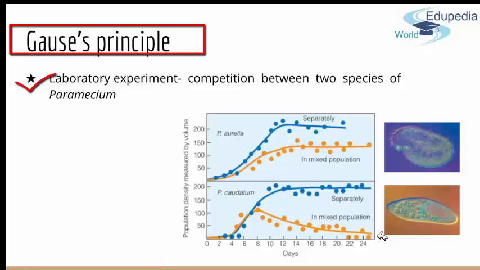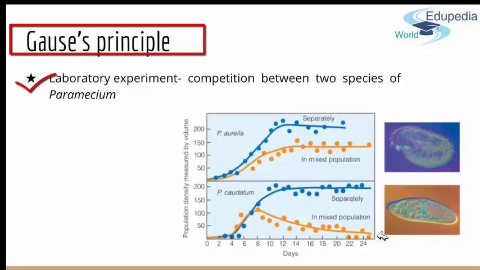He also ran one more experiment, in which he took Paramecium caudatum, the species that lost in the previous experiment, and mixed it with Paramecium bursaria. These two species actually coexisted, because Paramecium caudatum fed on bacteria suspended in the solution, whereas Paramecium bursaria confined its feeding to bacteria at the bottom of the tube.